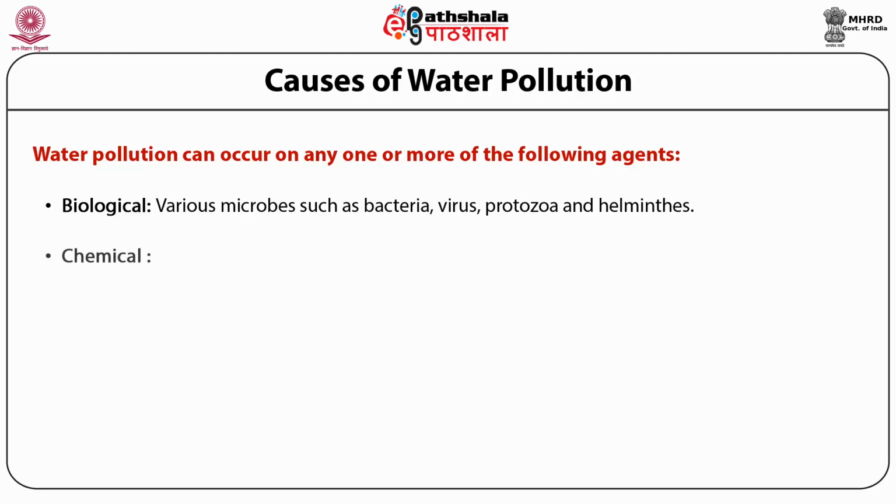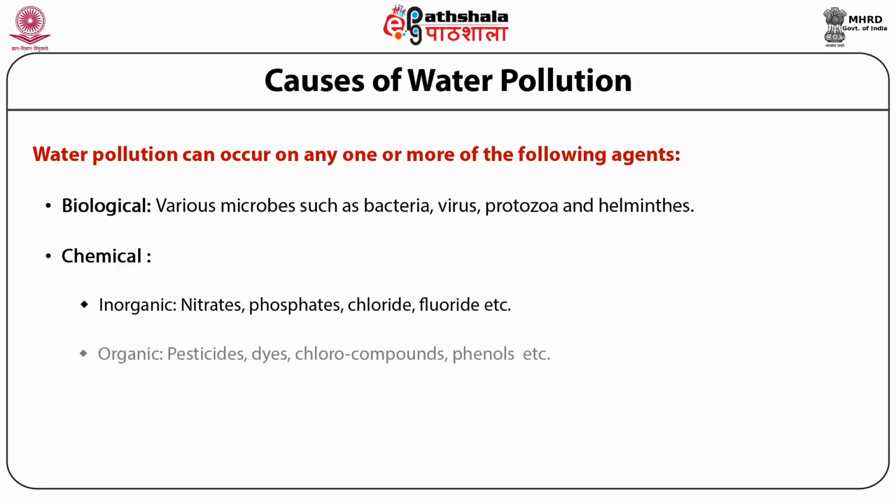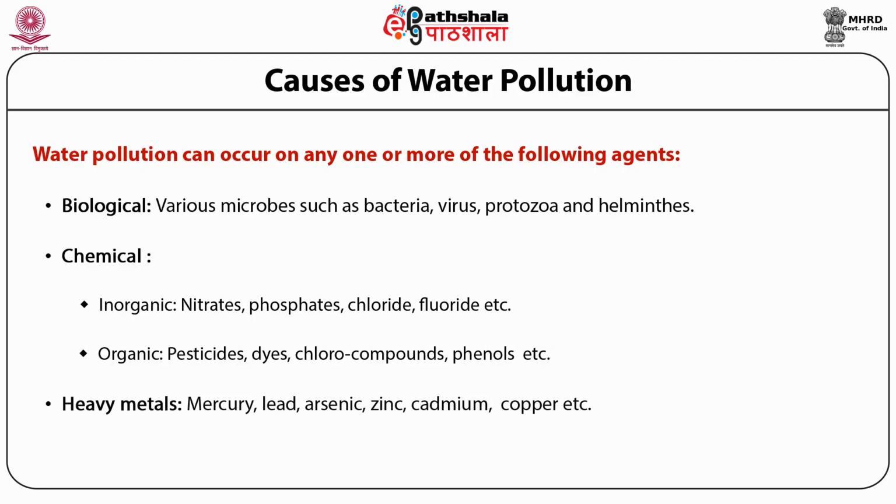Second is chemical, which includes inorganic agents, various inorganic chemicals such as nitrates, phosphates, chlorides, and fluorides, etc. Another is organic agents, and these organic agents include pesticides, dyes, chlorocompounds, phenols, etc. Third is heavy metals.